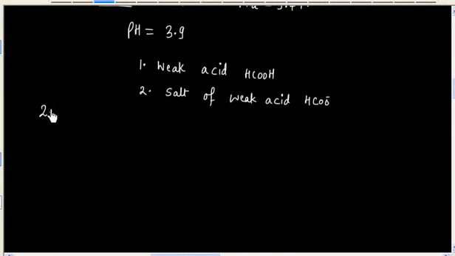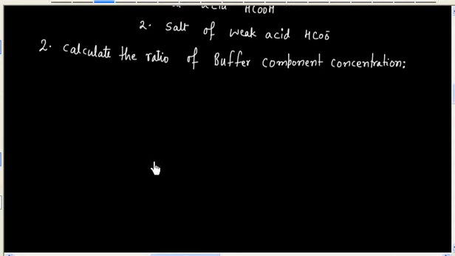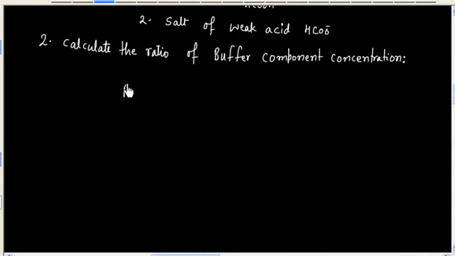In the second step, calculate the ratio of buffer component concentration. So for this we will use Henderson-Hasselbalch equation.